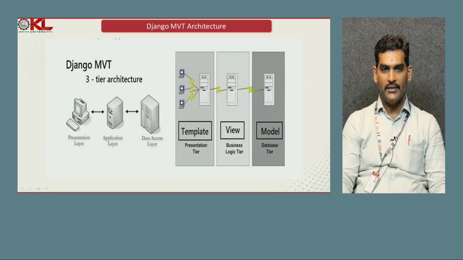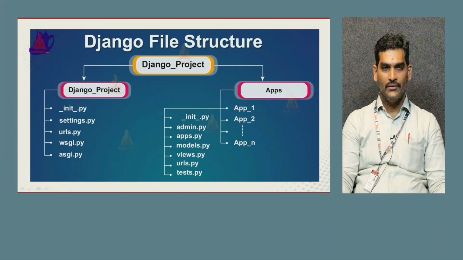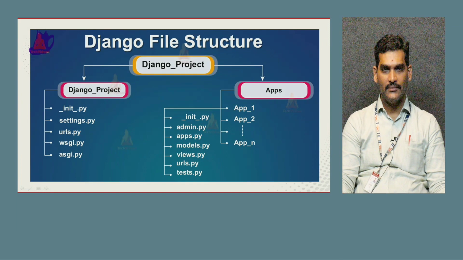You can see here the presentation layer, application layer, and data layer. In the presentation layer we have templates, in the business logic layer views, and under model the database things. So we have a 3-tier architecture here, and whatever the model and templates required will be taken by the views and the task will be completed. This picture will give us more clarity.